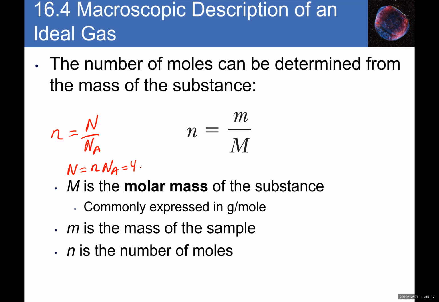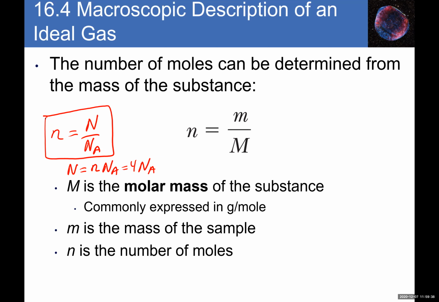I had 4 groups of Avogadro number. So the total number of molecules is the number of moles times Avogadro number, and the number of moles is the ratio of the total number of molecules over the Avogadro number, which in this case gives me again 4.